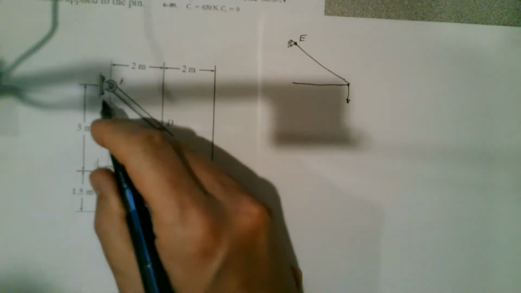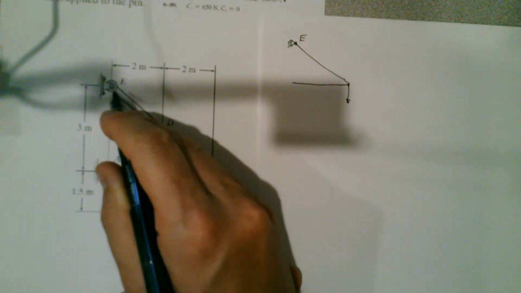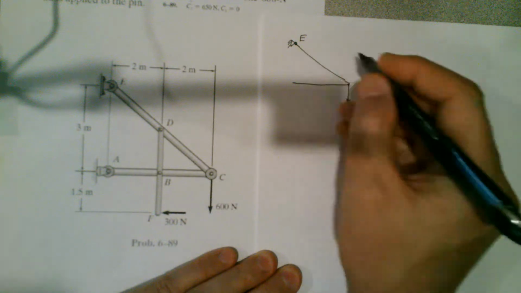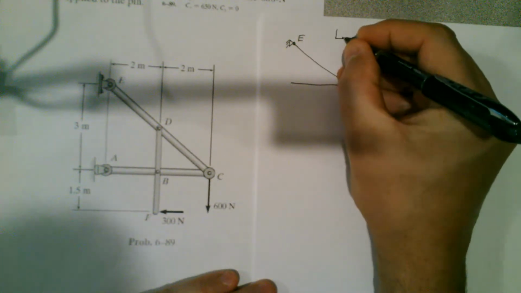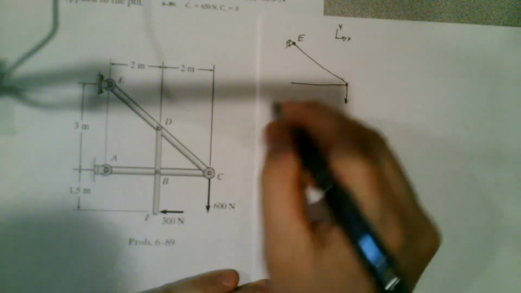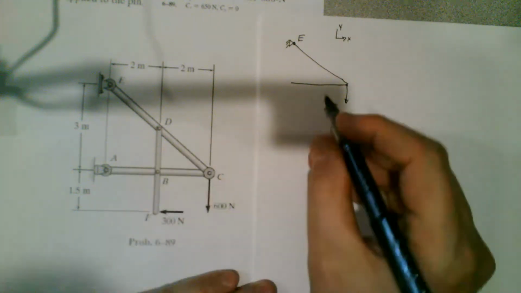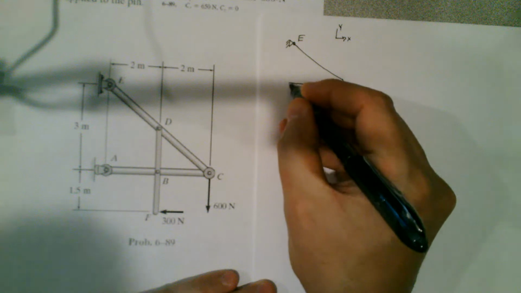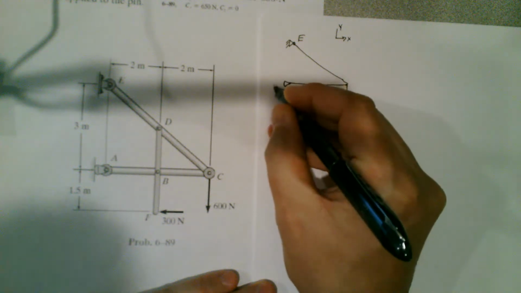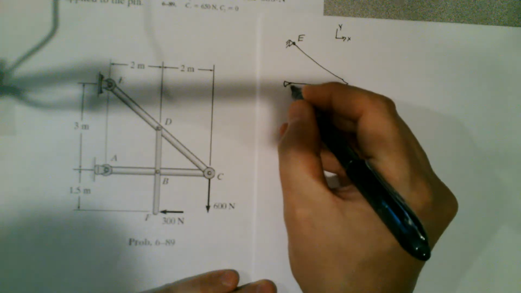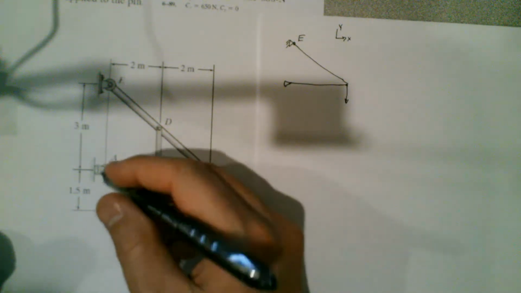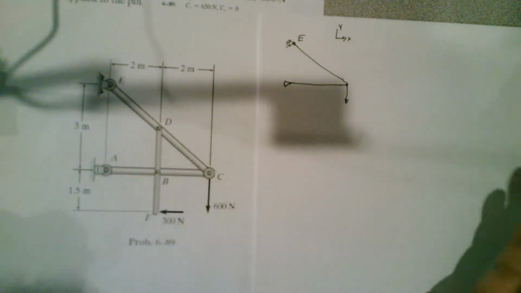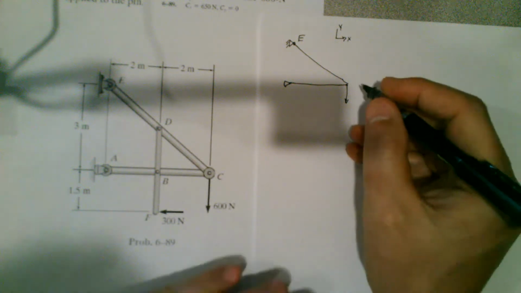At E, the thing to notice is this is a fixed pivot, so it's going to have an X and a Y reaction. And at A, it's a rocker. What that means is it's just going to have a reaction in the X direction, because the way the little symbol works is if you push this up or down, it rocks, it allows it to do it. So it's not over constrained.